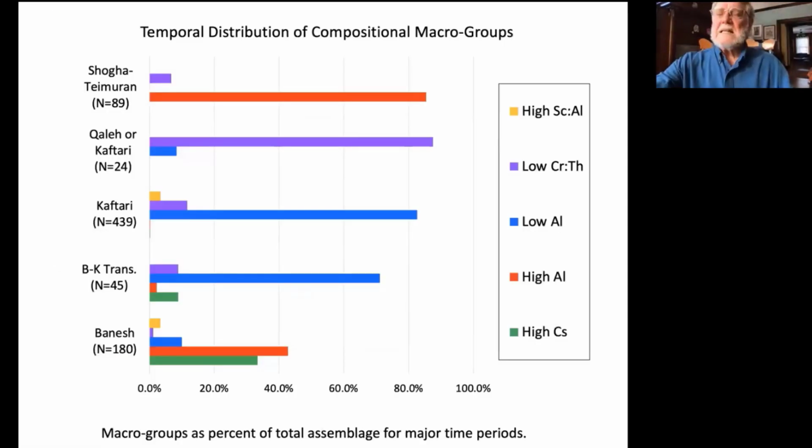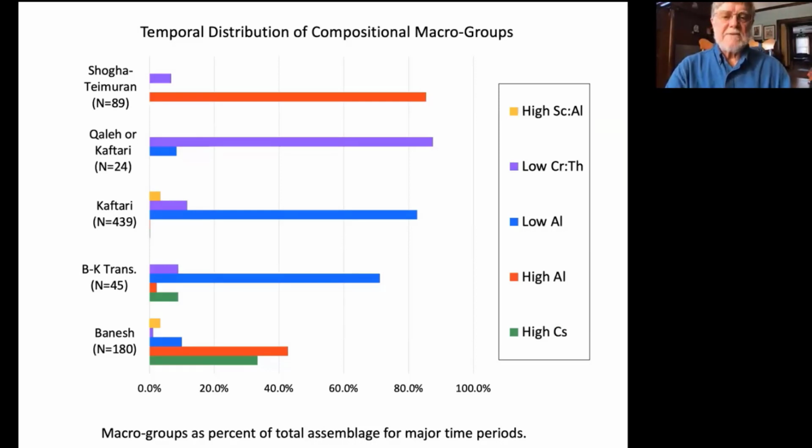Okay, there's some very clear temporal variation in the presence of different composition groups in the Kur River Basin. When you look at the Banesh, the high cesium, the green, is one of 2 dominant types, and the high aluminum group is the second type. That's very common.